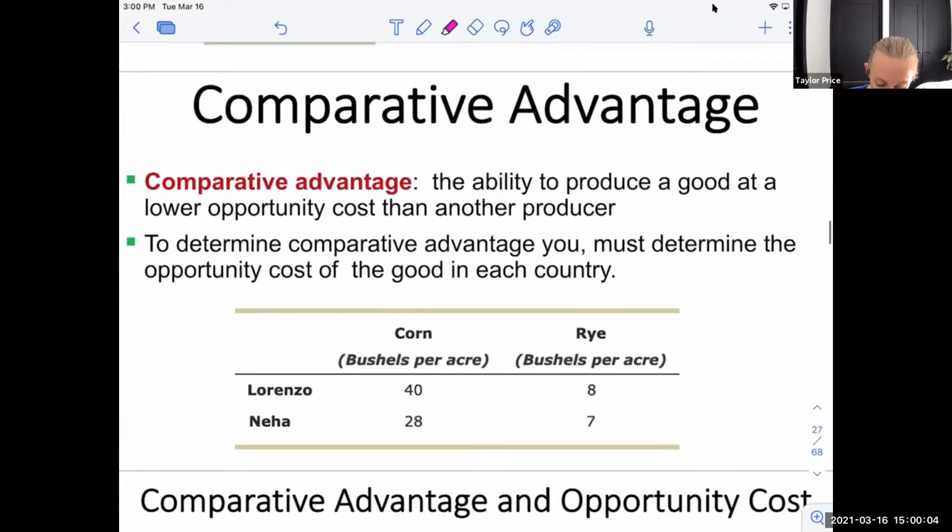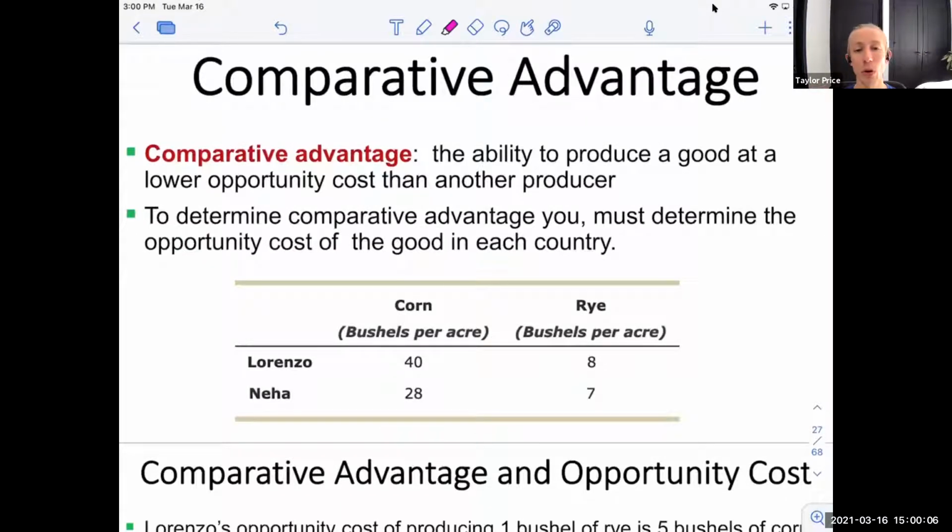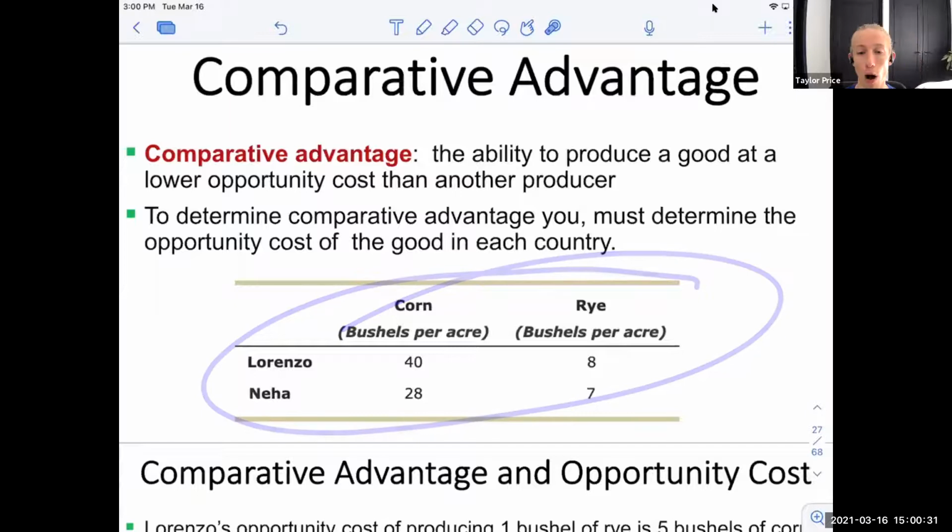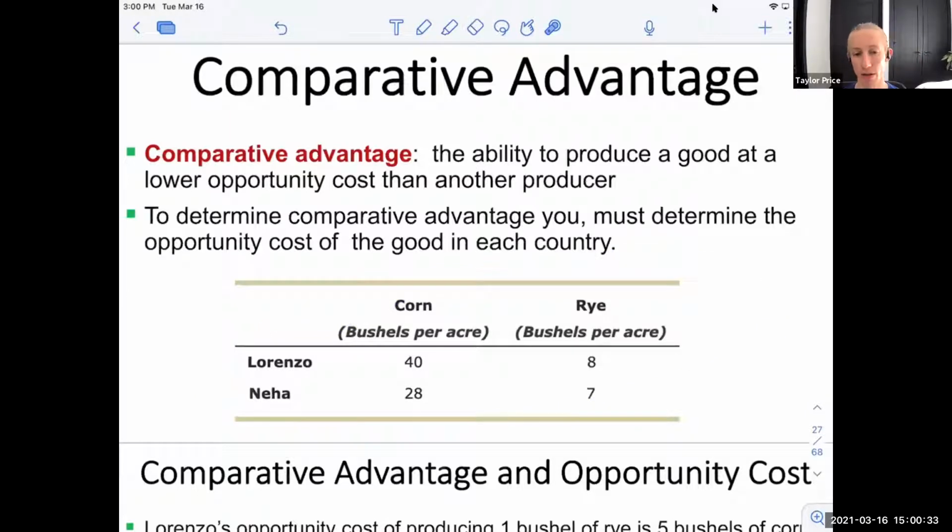Whereas comparative advantage is where we get into opportunity costs, because comparative advantage is asking who is able to produce a good at a lower opportunity cost compared to another. For this, we have to compute the opportunity costs. I have an example right here that we're going to walk through to see what that looks like.